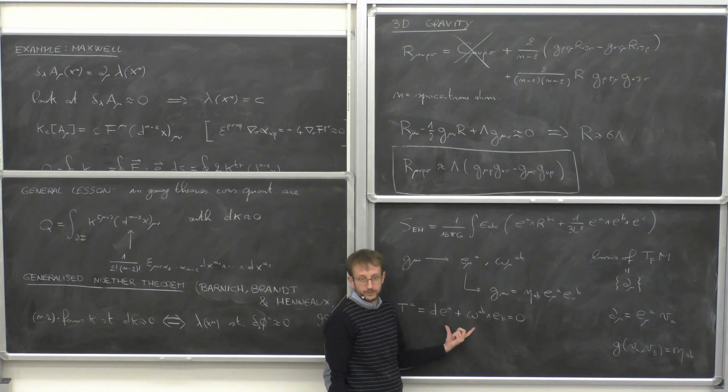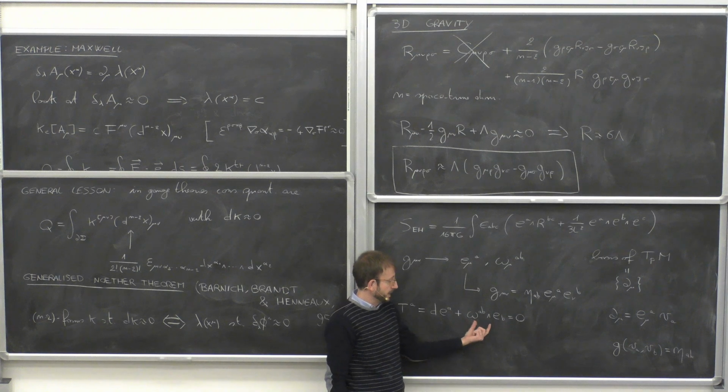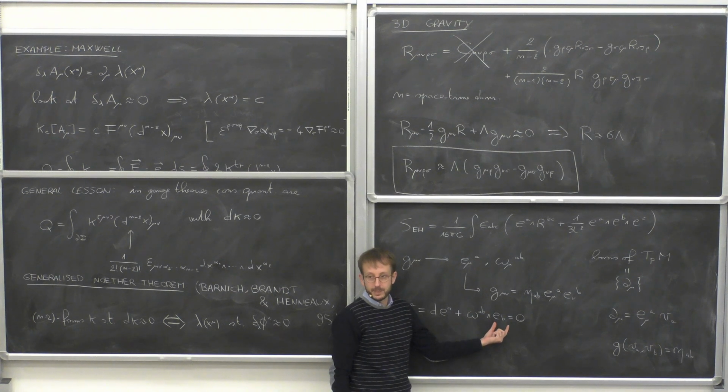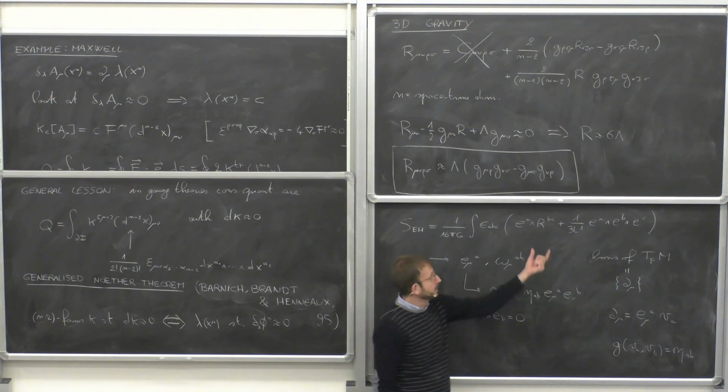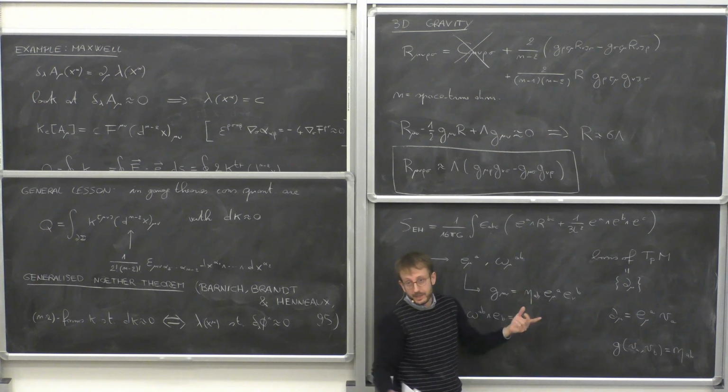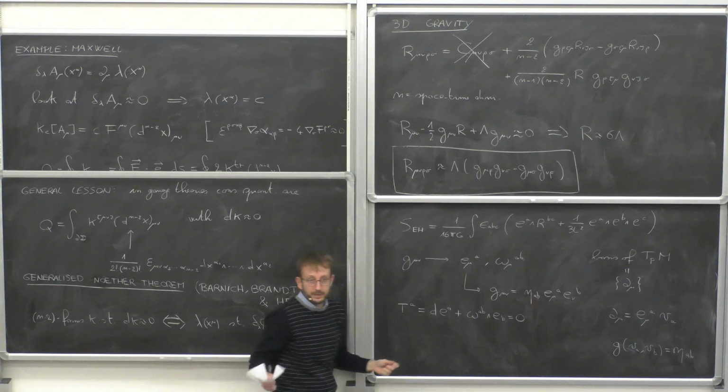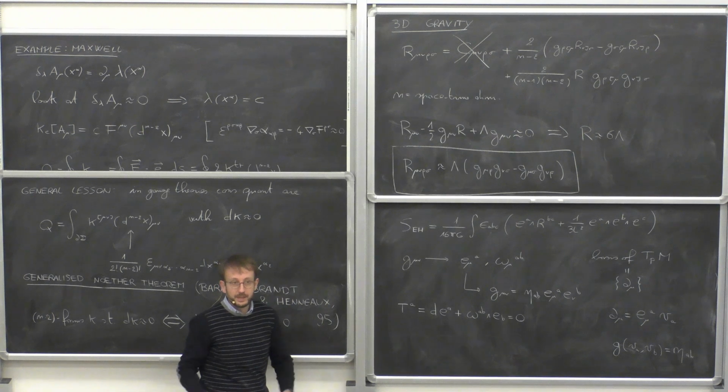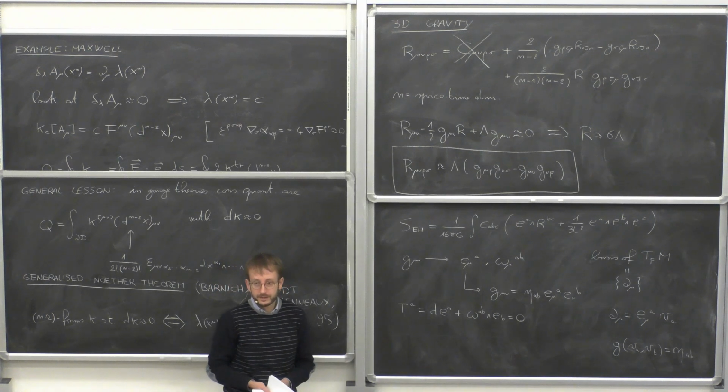So I can solve for it. I can write the spin connection as a function of the vielbein, take the vielbein, and plug it back inside the action. I have a right to do this, because I'm solving an algebraic field equation, not a differential one, and the result is your beloved Einstein-Hilbert action. So it's just a reformulation.